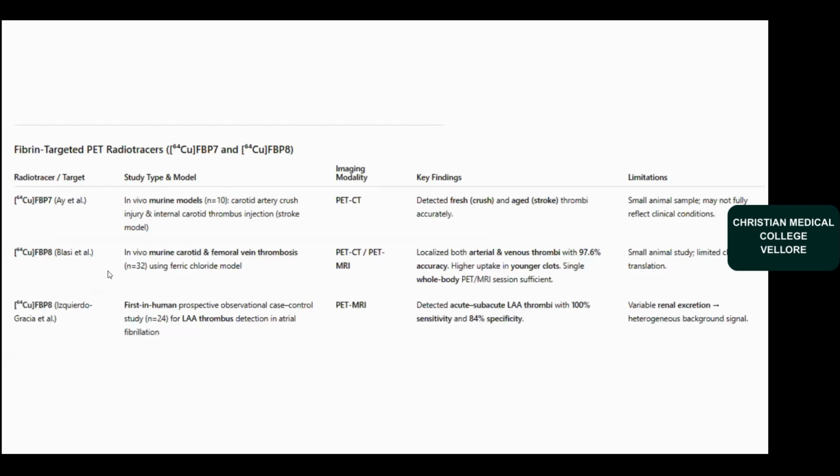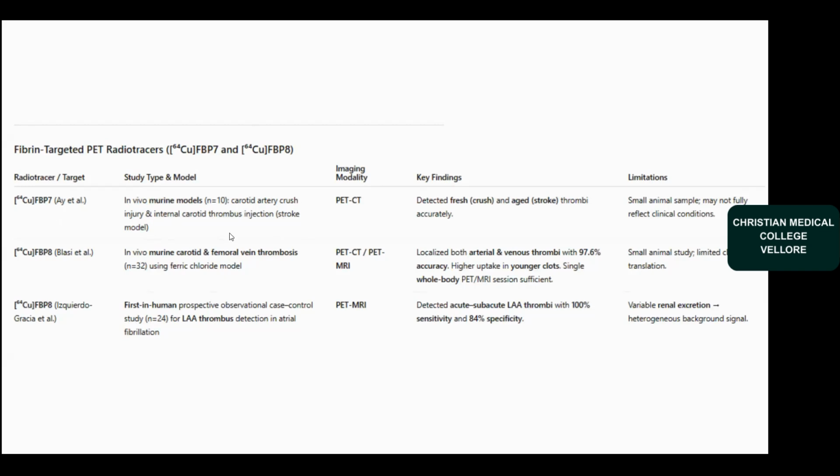So these are some of the animal studies and early human studies that have been done. The first study by I et al. used a mouse model. They made a fresh carotid artery crush injury and an internal carotid thrombus by injection of thrombus.